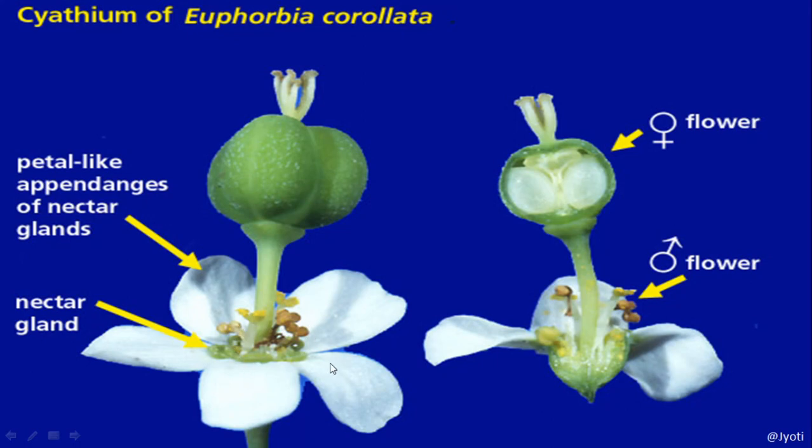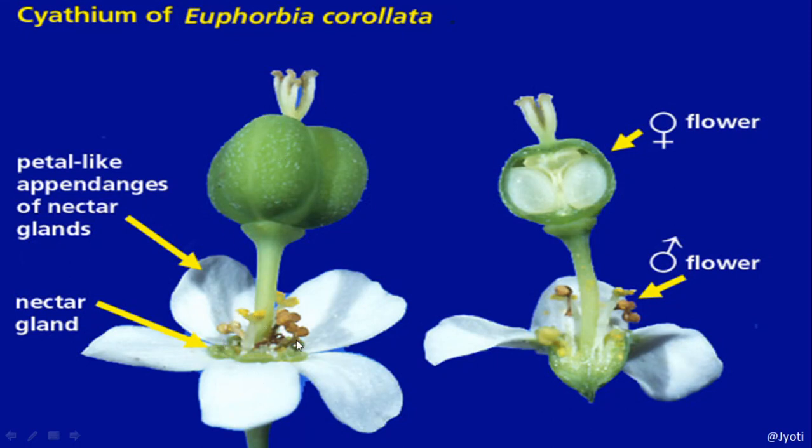Actually, in this picture you can see that the bract forms a cup-shaped structure, and inside the cup-shaped structure initially all flowers are present. But as I said, the female flower matures earlier, so the female flower emerges out of the cup-shaped structure. Here you can see the cup-shaped structure which is formed by this involucre. A single female flower is present that has emerged out of this.